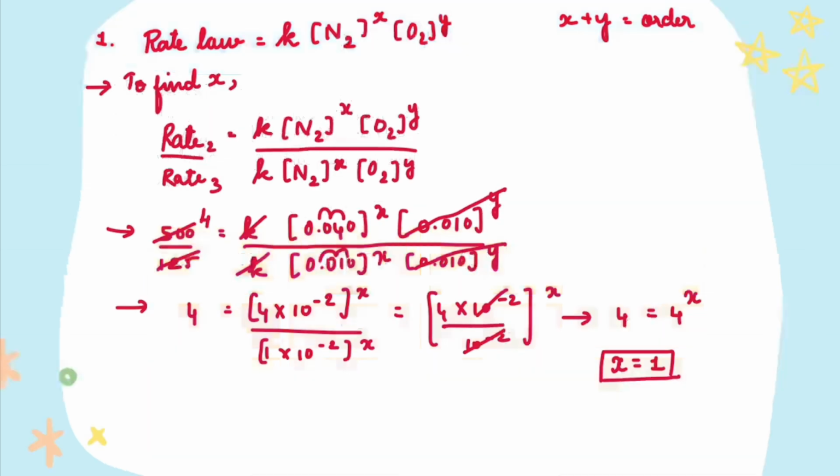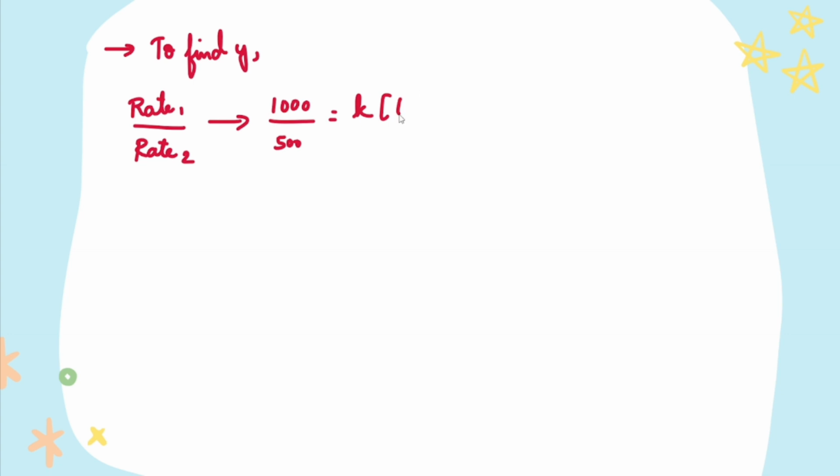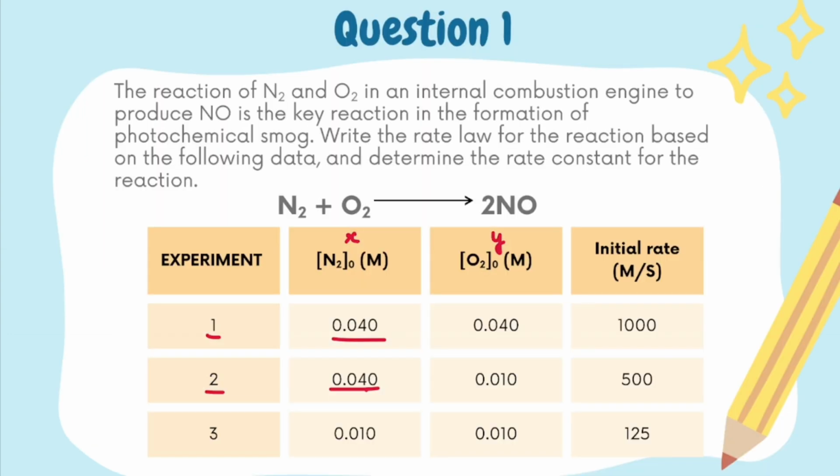So we are going to write it: 0.040 to the power x, 0.040 to the power y, divided by, for the second experiment, the concentrations 0.040 and 0.010.